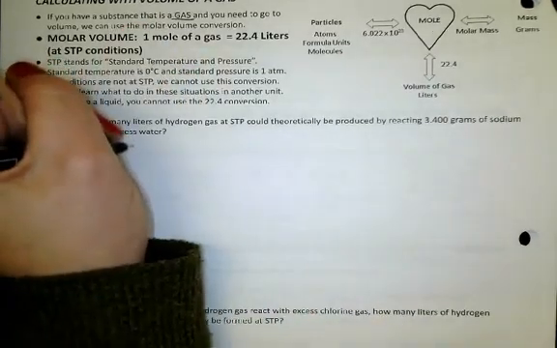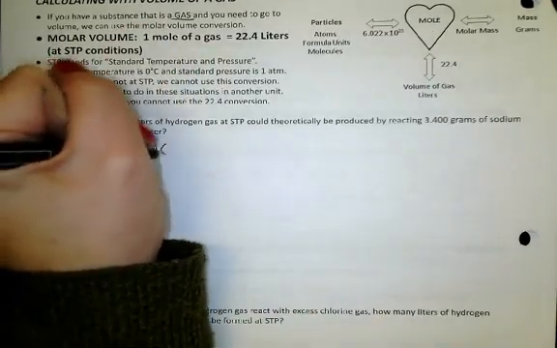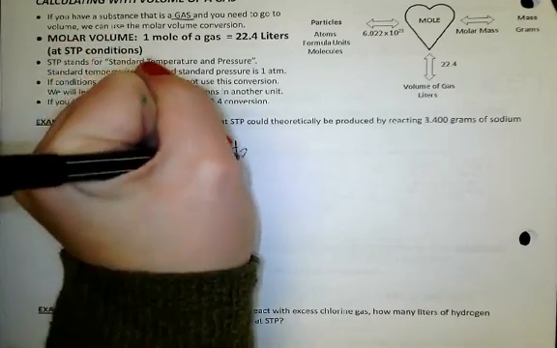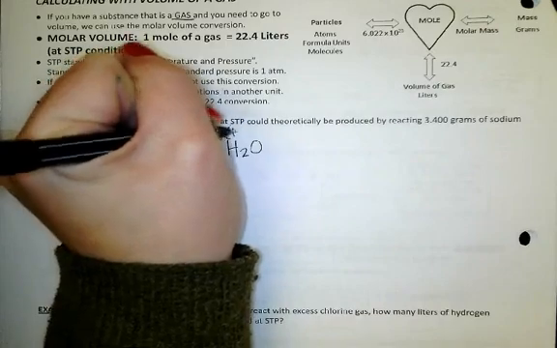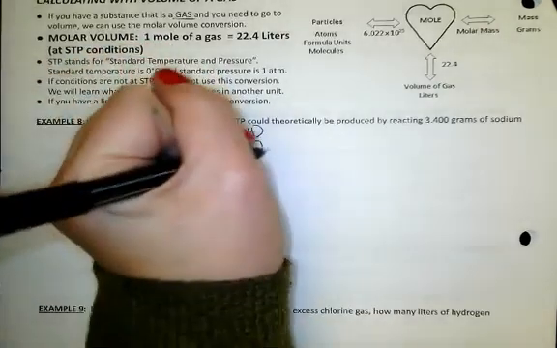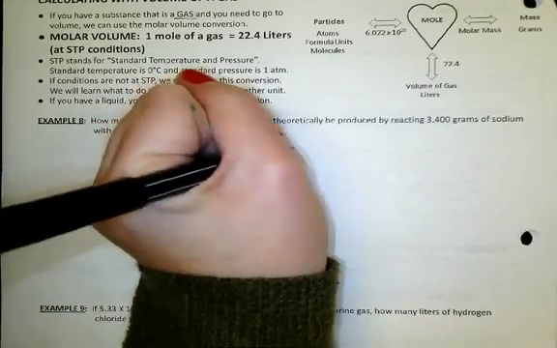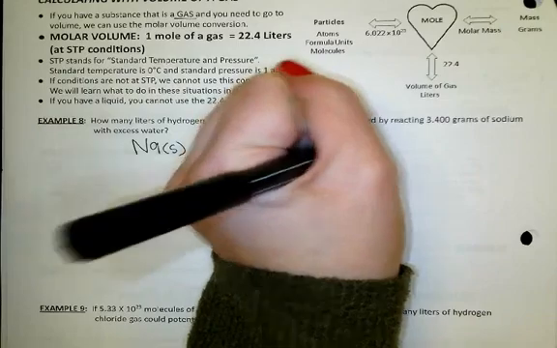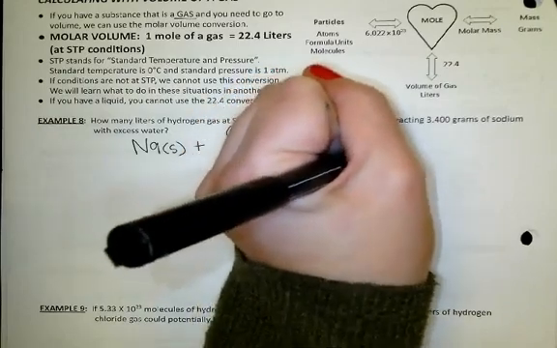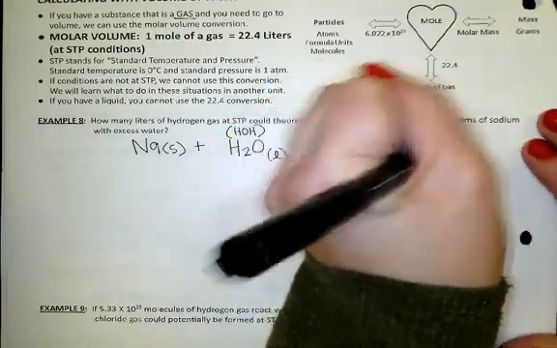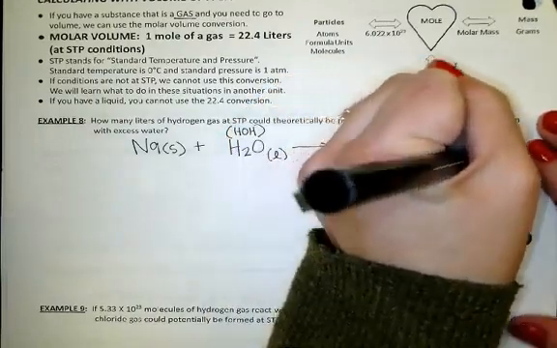So first we need to write our balanced equation. So we have sodium, which is a solid, reacting with water. Now remember, you can write water as HOH. That helps the balancing. That is a liquid. And that is going to produce sodium hydroxide, which is aqueous, and hydrogen gas.